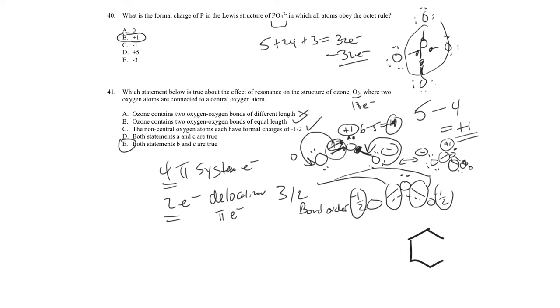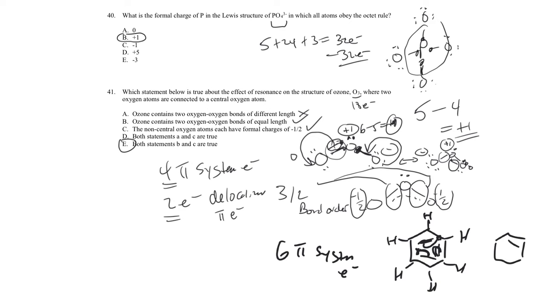If we step back to benzene, this was one of the test questions from midterm 3 that gave some people an issue. These electrons move to here, these electrons move to here, these electrons move to here. That's 6 pi system electrons. If you notice in the other structure that they've moved over, those are the same electrons.